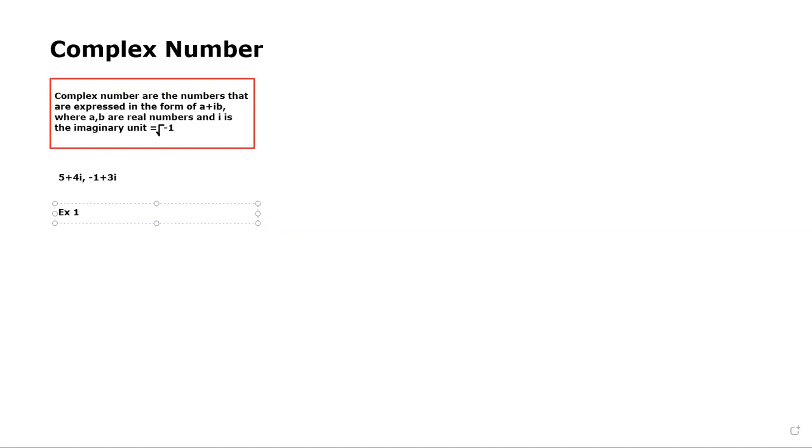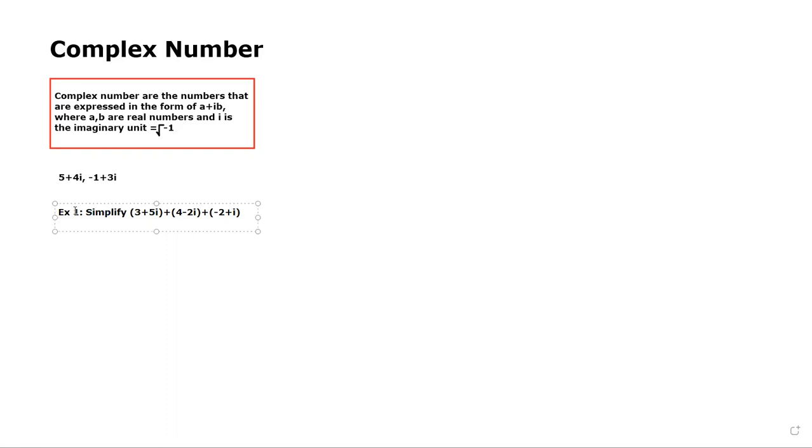First, example 1, simplification. Simplify 3 plus 5i plus 4 minus 2i plus minus 2 plus i.